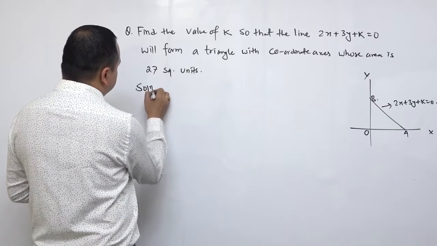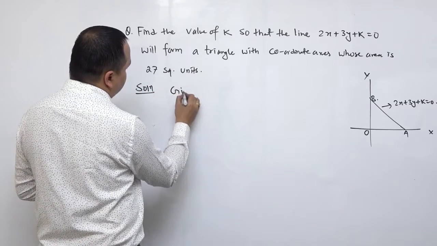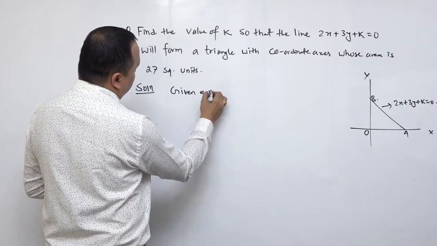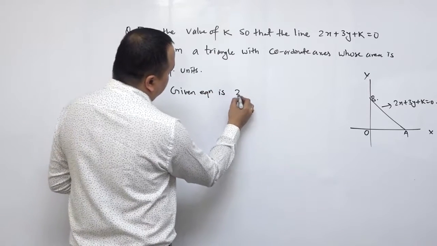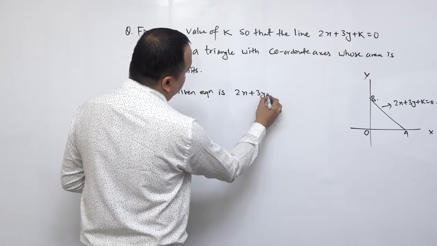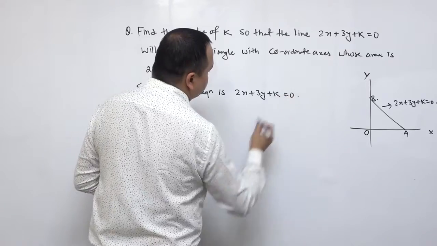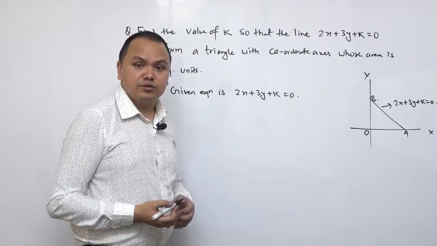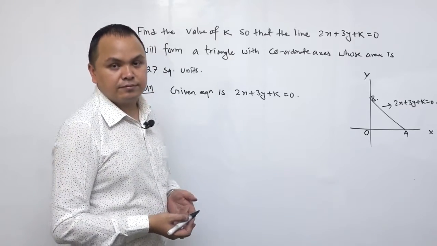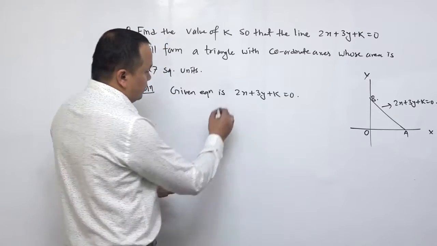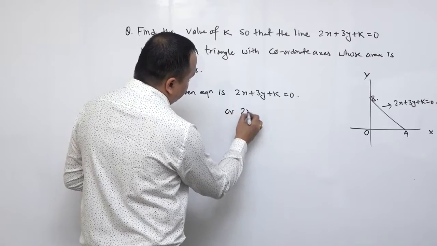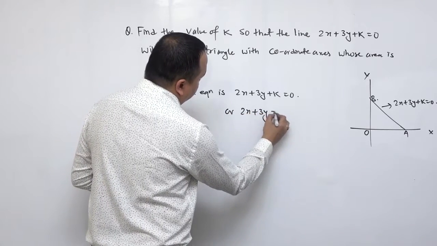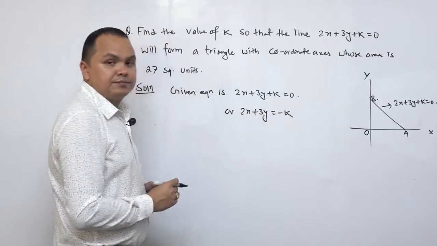Solution. Given equation is 2x plus 3y plus k is equal to 0. Now, changing the given equation into double intercept form, or 2x plus 3y is equal to minus k.